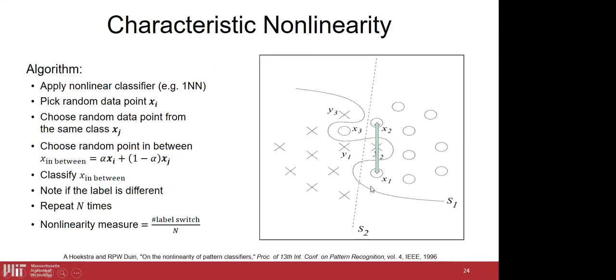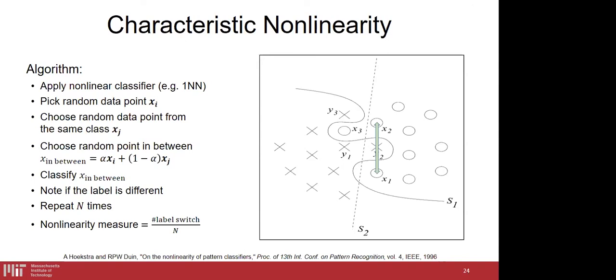So what is happening is that I just perform this again and again, and I count how many times I have a point in between two points from the same class that would be classified to a different class. And this is kind of a label switch. So I would count the number of label switches over the number of times that I've repeated this experiment.